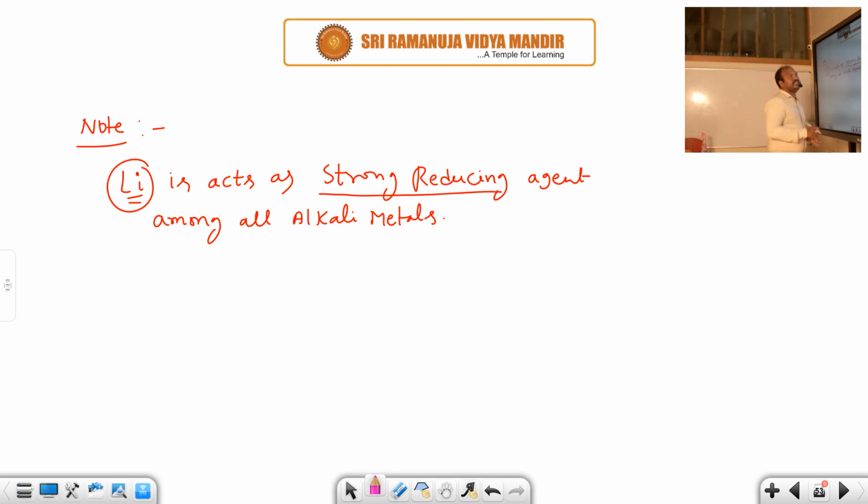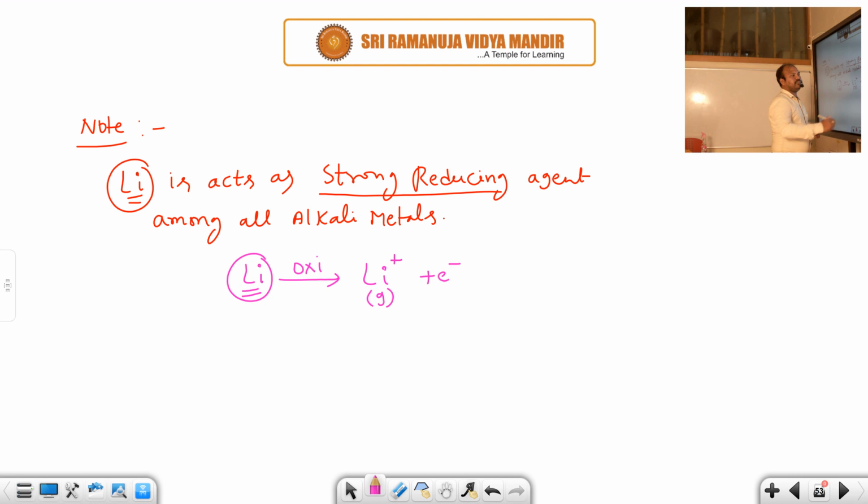So here lithium oxidizes itself. That means lithium metal can easily lose an electron and form a lithium plus ion. Loss of electrons is nothing but oxidation. So lithium metal can easily donate an electron and form a lithium plus gaseous ion.